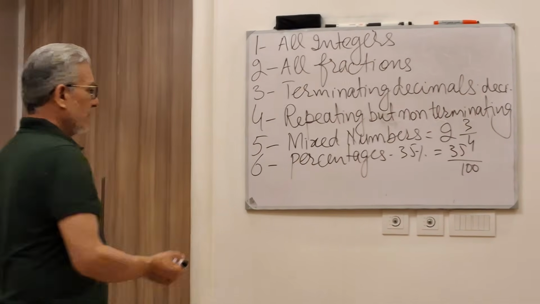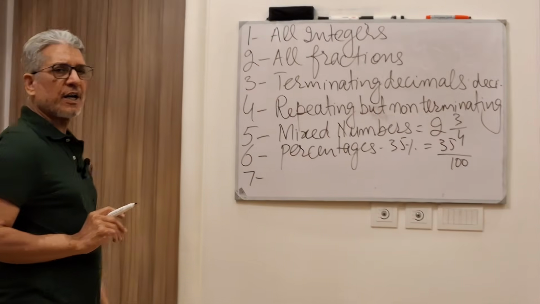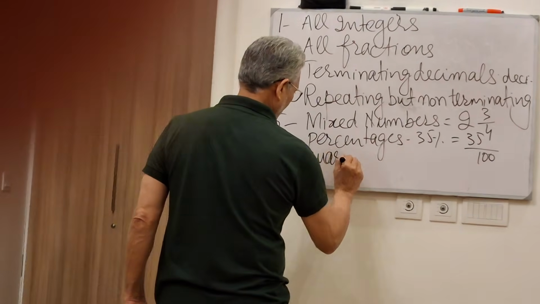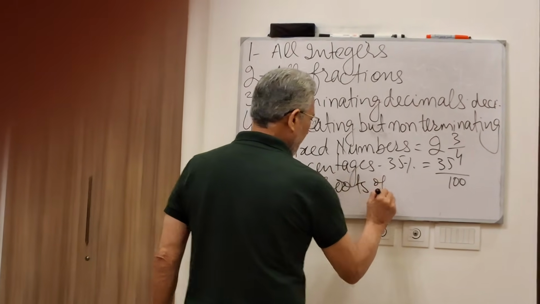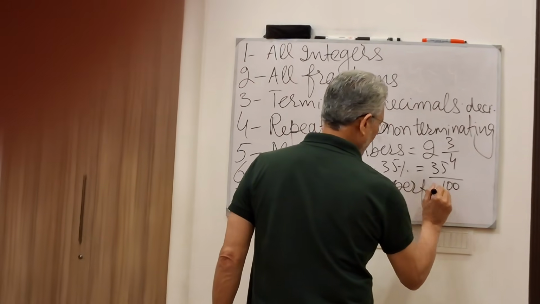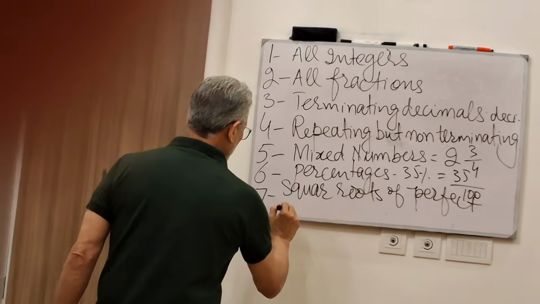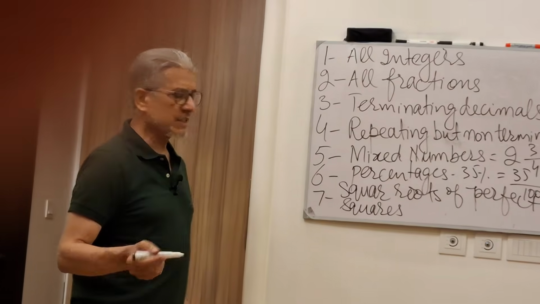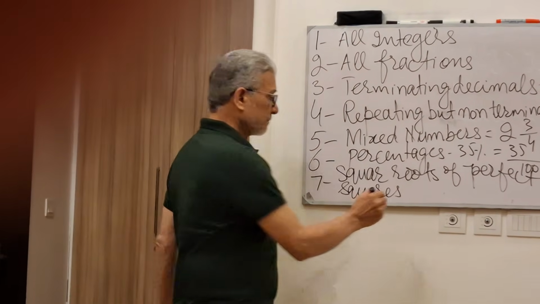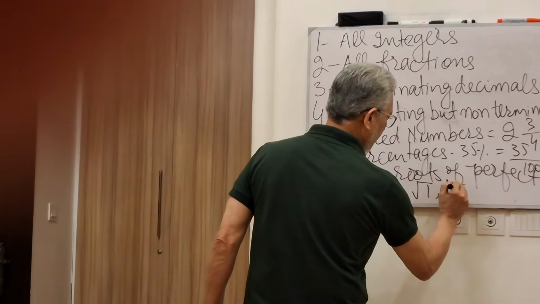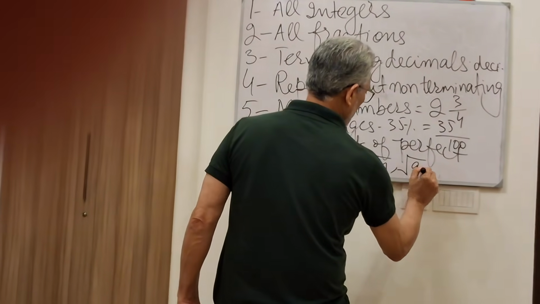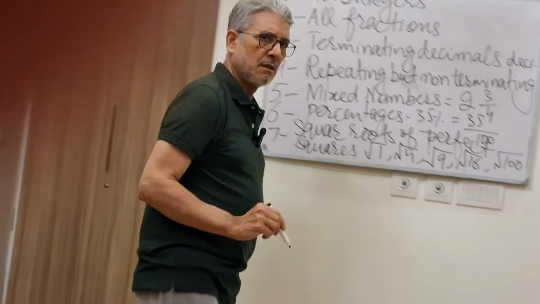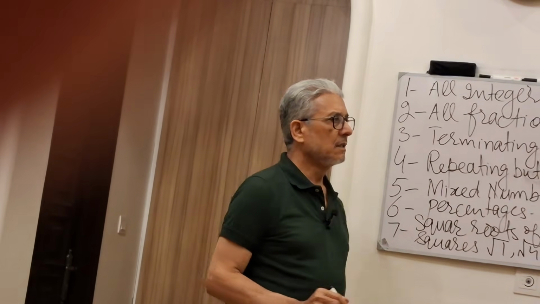And then we have learned that square roots of perfect squares, I mean square root of 1, square root of 4, square root of 9, square root of 16, square root of 100, they are all rational numbers.